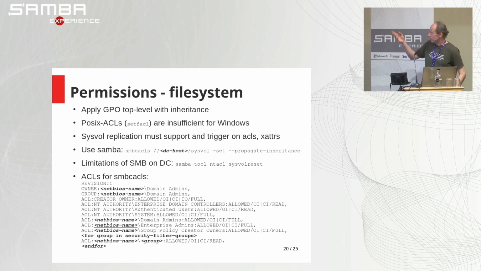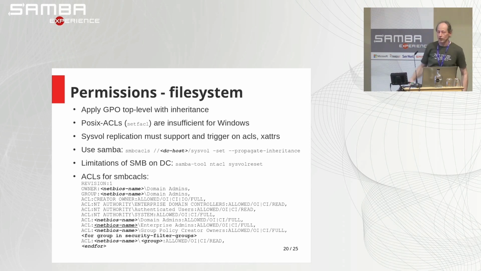If you use setfacl, it will update the ACLs. So you must ensure that your application also replicates ACLs. If you use the other methods below here, samba-tool ntacl, and then do it over SMB, that's more accurate. That actually works pretty well.